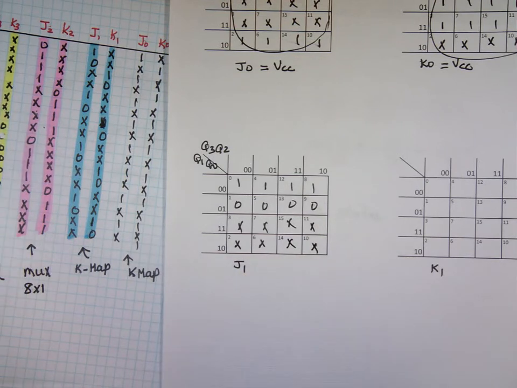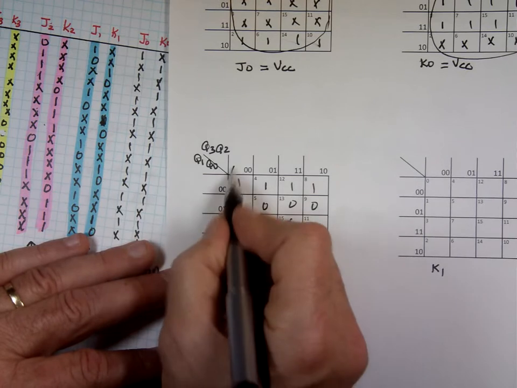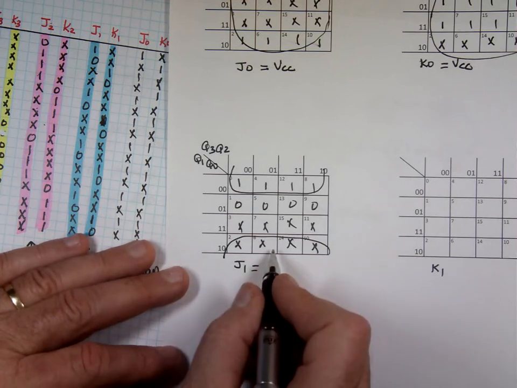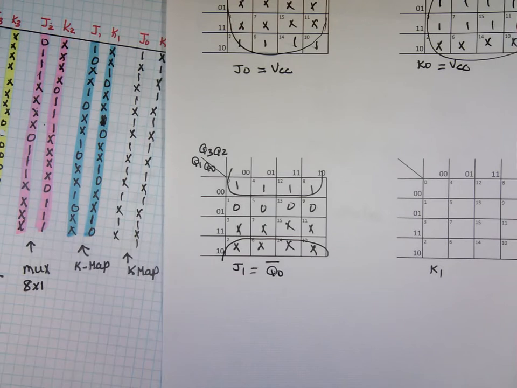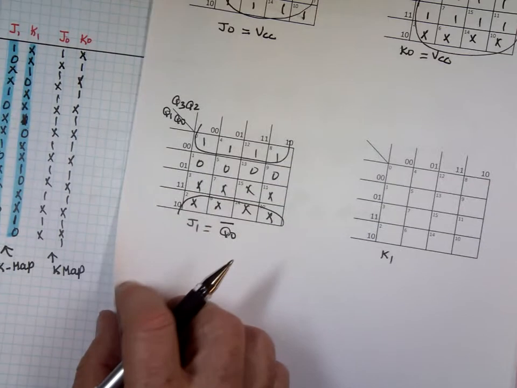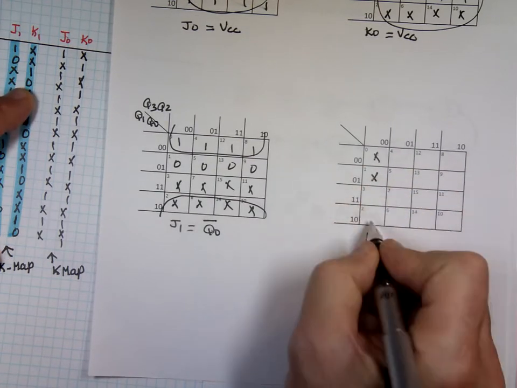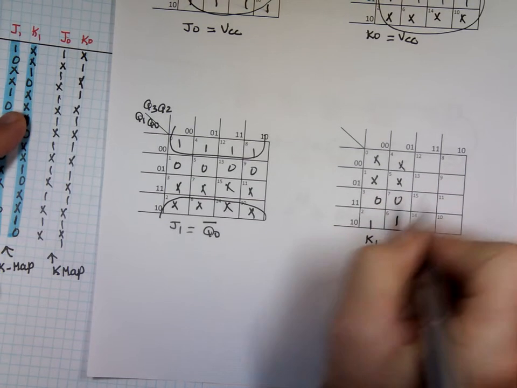So for this one, obviously, I'll take these 4 with these 4. Q0 not. And for K1, and it repeats. It's the exact same thing, Q0 not.